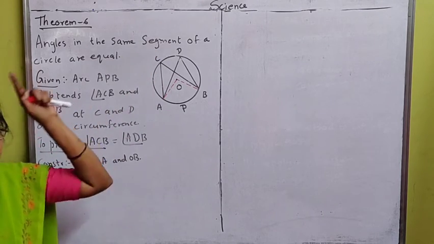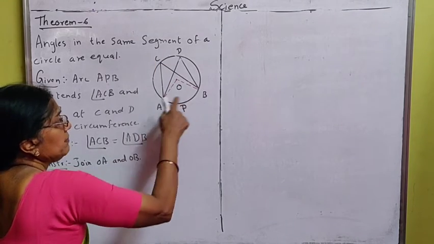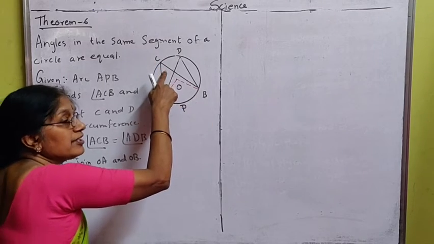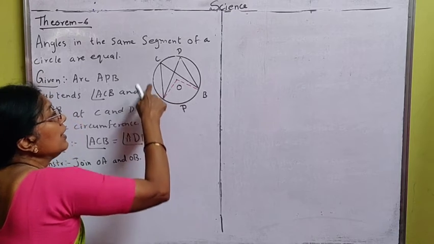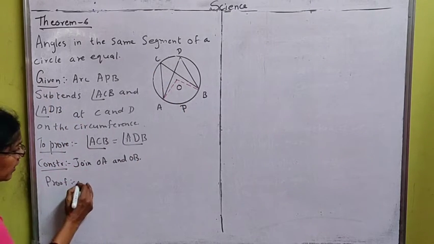That theorem 5 we are going to use. AOB is the angle made at the center. ACB is the angle made on the circumference. So we can show that angle AOB is equal to twice angle ACB.